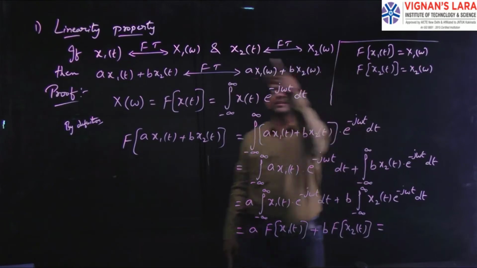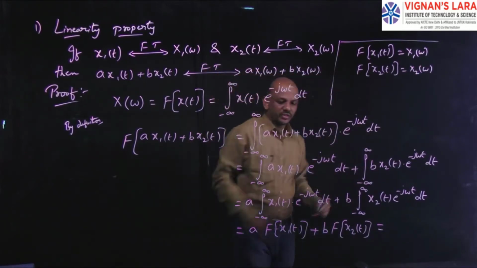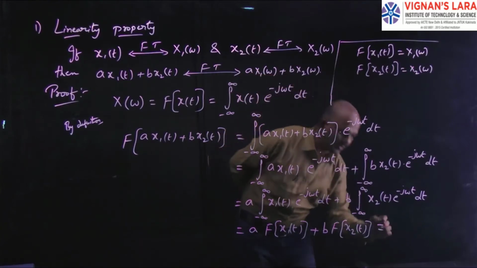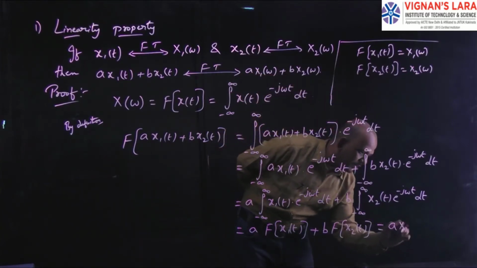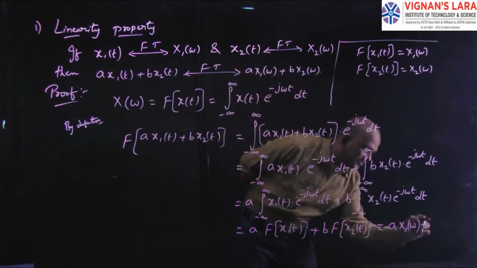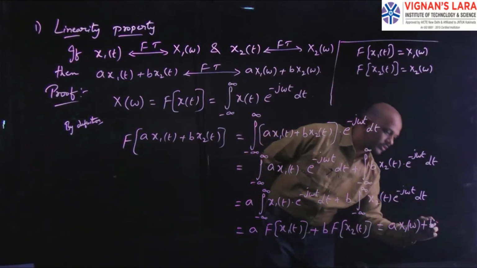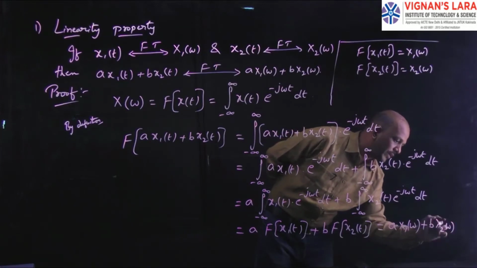So this is what they had given. Okay, so I am substituting this one. So in place of the Fourier transform of x1 of t, I can substitute X1 of omega, that is a into X1 of omega plus b into Fourier transform of x2 of t, which will be equal to X2 of omega.